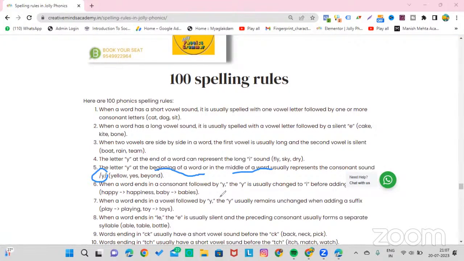Y represents a consonant sound as in the word beyond. In the word beyond, you can see that Y is the starting of the second syllable. So technically it is coming at the beginning only, the beginning of the second syllable, beyond, right? Because O is a short sound.